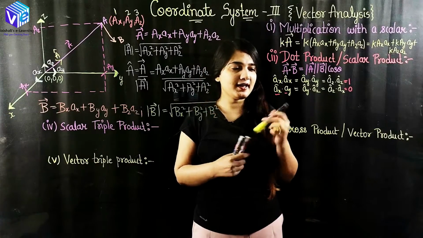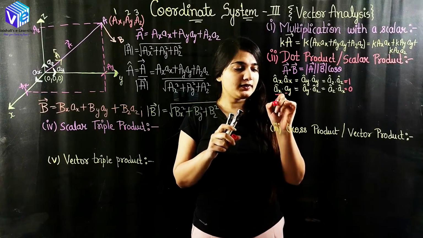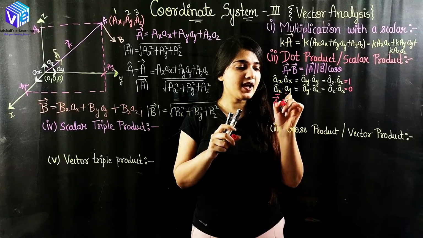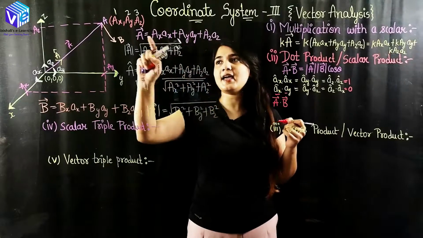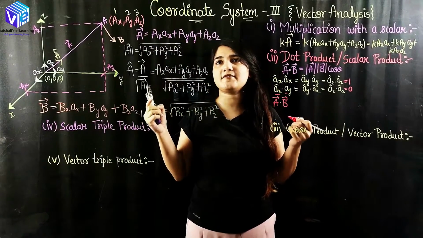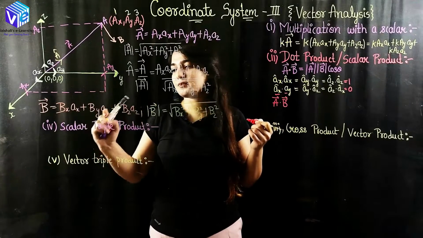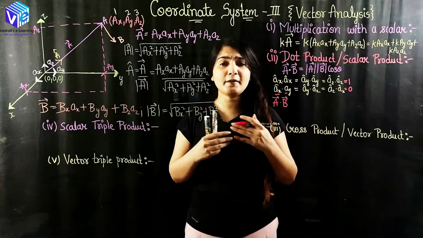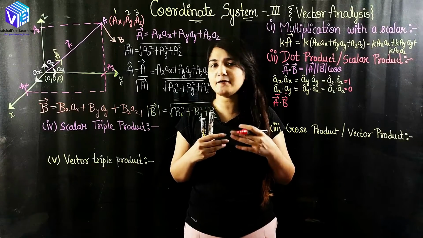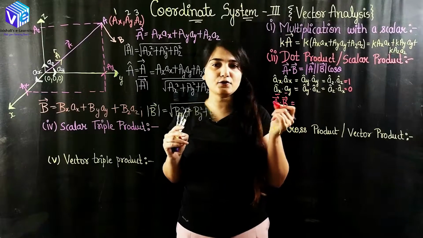Okay, so now if I have to multiply a with b, and I know the coordinates of a and b, how did I represent a? As ax plus ay plus az. How did I represent b? bx plus by plus bz. So with the help of Cartesian coordinates and the xyz coefficients, how can I find out the dot product?